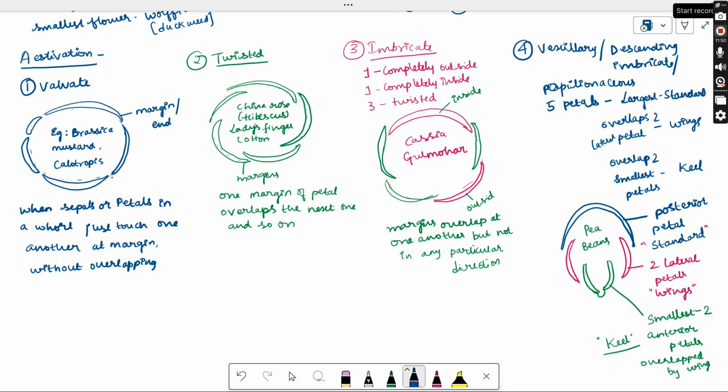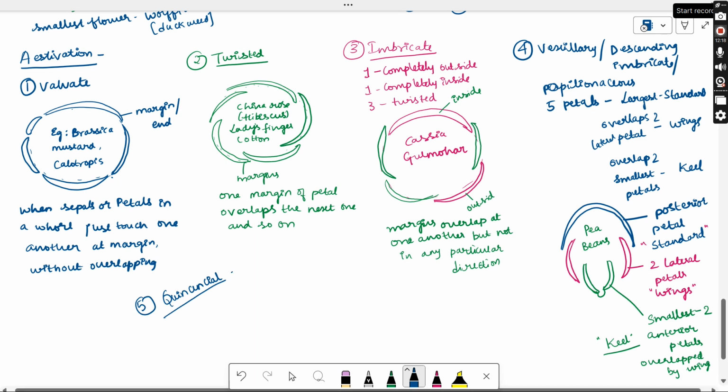And the fifth type, if we say, that is quincuncial aestivation. So what is this quincuncial? If you see this imbricate type of aestivation, we have one petal completely outside, one completely inside, right? So in the case of quincuncial, we can see it in the pentamerous type of flowers in the Brassicaceae.